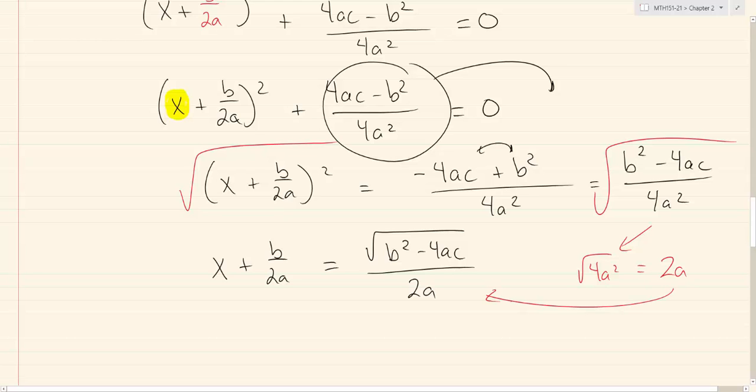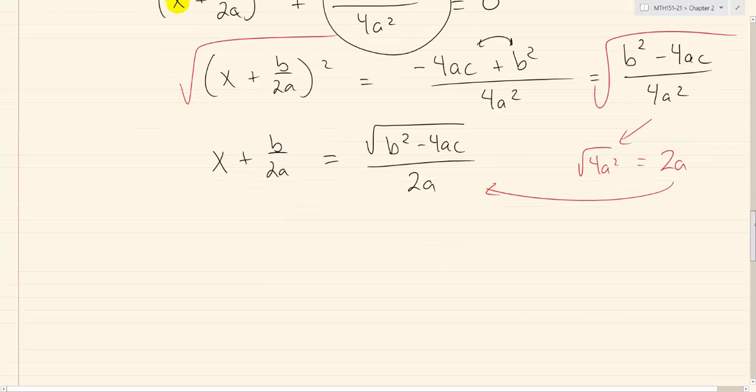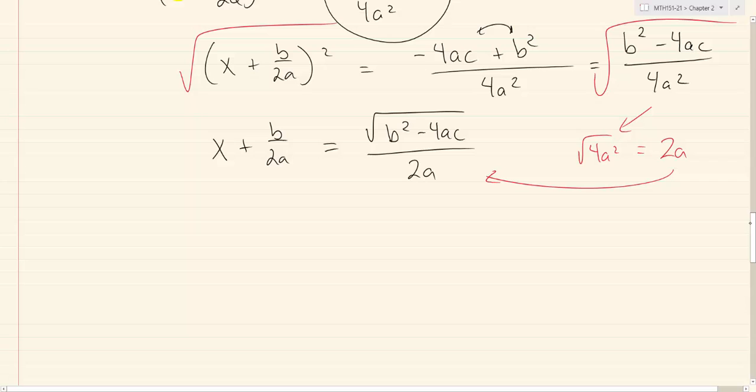So I'll put that in there. And then our last move is to kick that b over 2a over to the other side, or subtract it from both sides. So we'll get x equals negative b over 2a plus or minus the square root of b squared minus 4ac all divided by 2a.